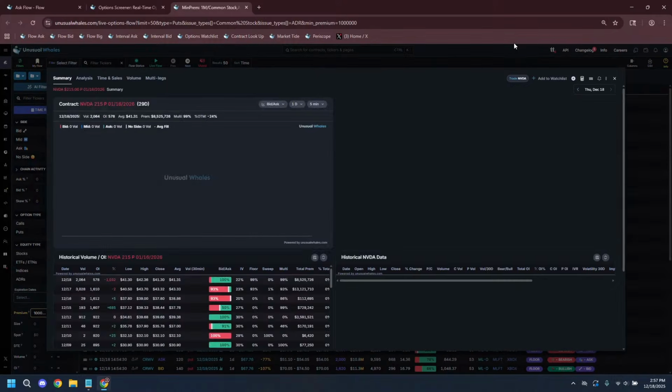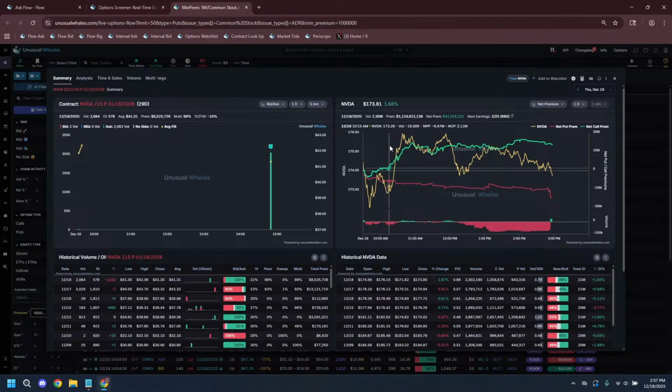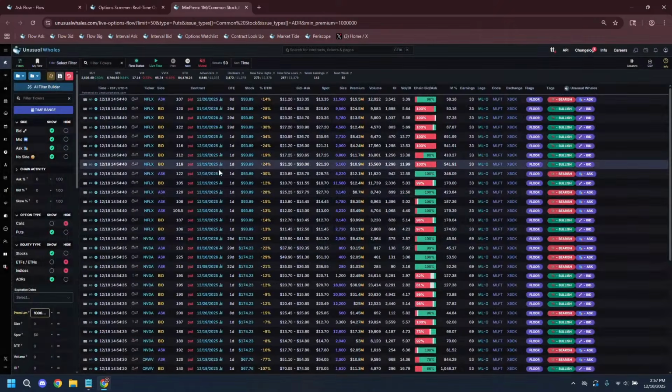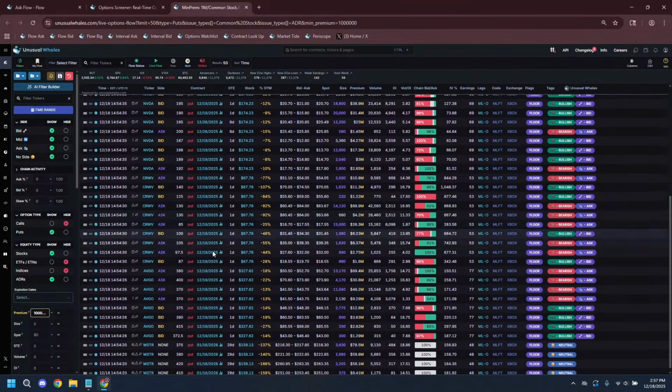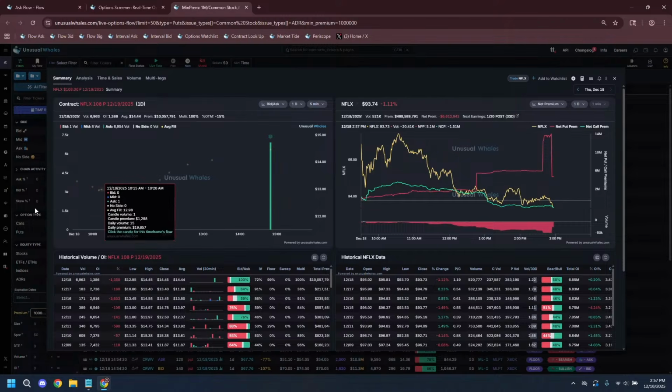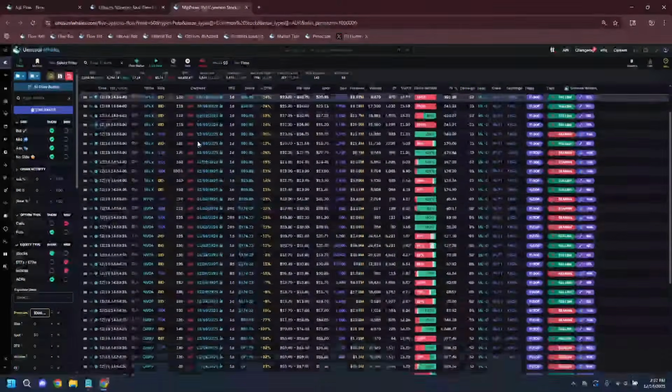And this activity throws off a lot of scanners. Now, it doesn't really look like it's affected Nvidia too much, but for Netflix, it potentially had a big spike. So these big spikes aren't actually someone buying puts, selling puts. It's not actually that at all. It's just this big, meaningless activity taking place that is meaningless, right?